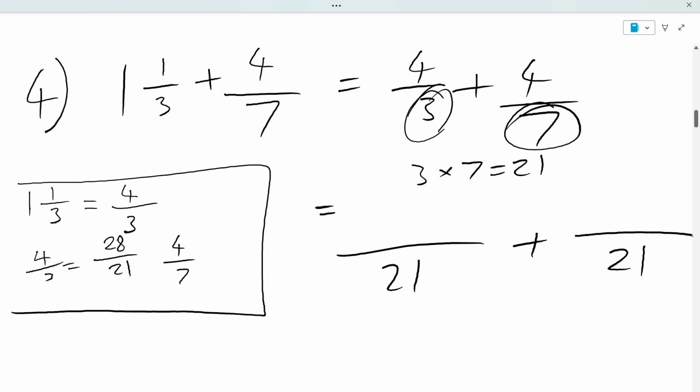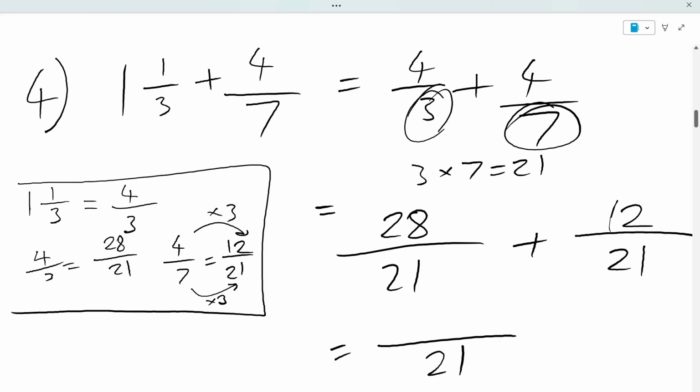And similarly, 4 sevenths, the denominator is being multiplied by 3, so multiply the numerator by 3 also. That's 12 over 21. So we have 28 over 21 plus 12 over 21. Replicate the denominator and add the numerators. 28 plus 12 is 40. It's 40 over 21.